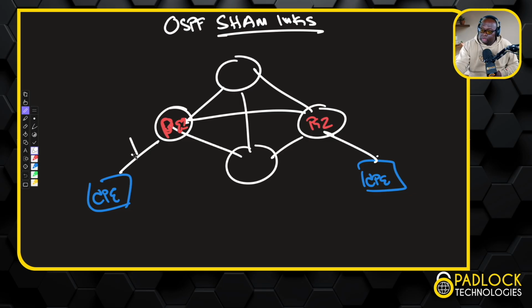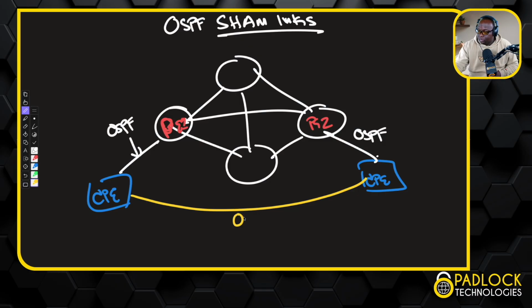Now we are running OSPF here as your PE to CE link, our protocol. We're running it there. And then we have a link here that is also running OSPF.